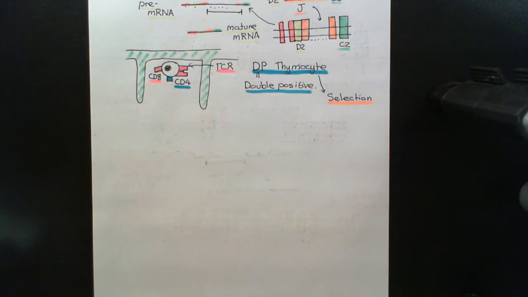Okay, now the job of the T-cell receptor is actually to bind to one of the MHC complexes, either MHC class 1 or MHC class 2, when it's got a certain peptide fragment in it. Okay, so we can understand now how we're going to actually create a huge number of different T cells that have specificities to different antigen fragments because they've all got these different T cell receptors.